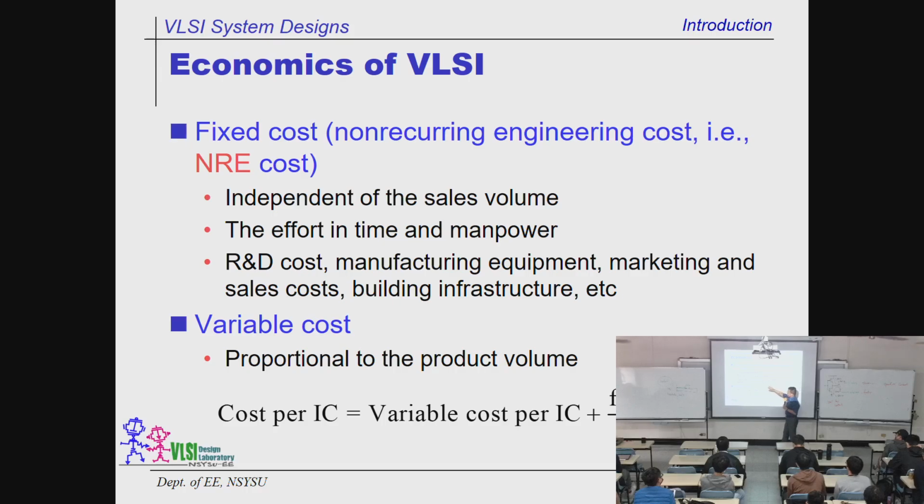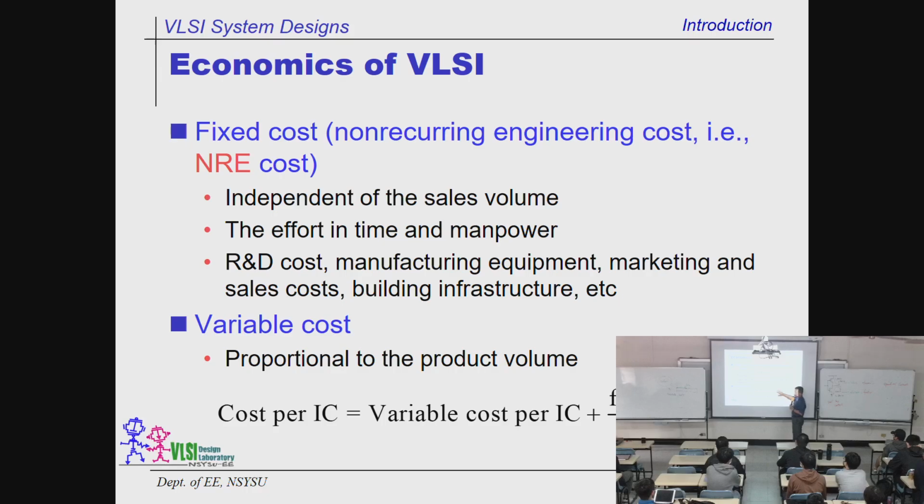All right, and then R&D cost, manufacturing equipment. You need equipment and instruments. You need staff to do the marketing and the sales. And then you need to pay the rent, the house, and the utilities, everything. It's called NRE. It's a fixed amount of expense you have to spend.